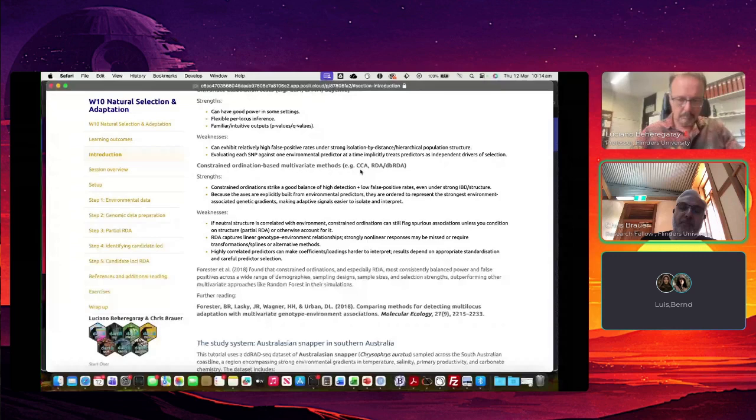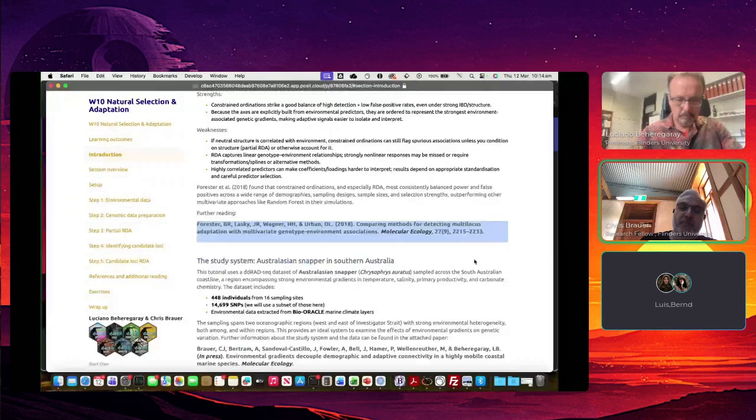I'm not going to go into the details of those here. And just at the bottom here, there's a really useful simulation paper. I think if you're interested in comparing the different methods and where they may or may not be particularly suitable, I suggest people read that paper there.